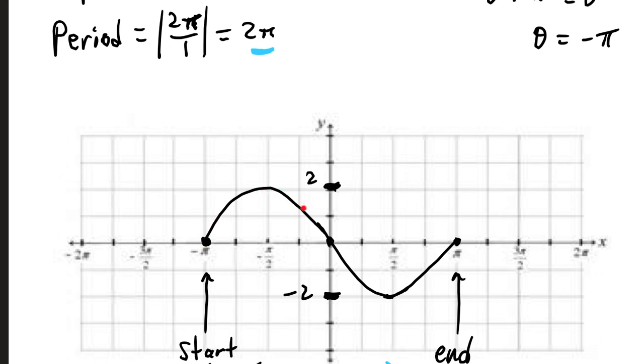Still looks like a sine curve, it just has a new max and min and starting and stopping points. And that's basically what phase shift does: it will translate your graph, shifting it horizontally, by whatever you get when you set the entire angle equal to 0 and solve. In this example, when we isolated theta, we got a negative pi, so that's the starting point.